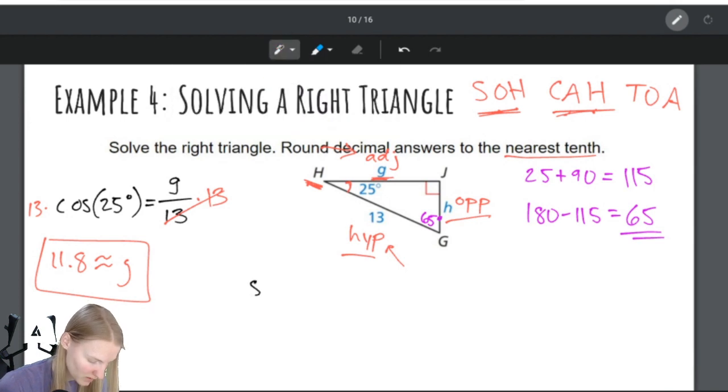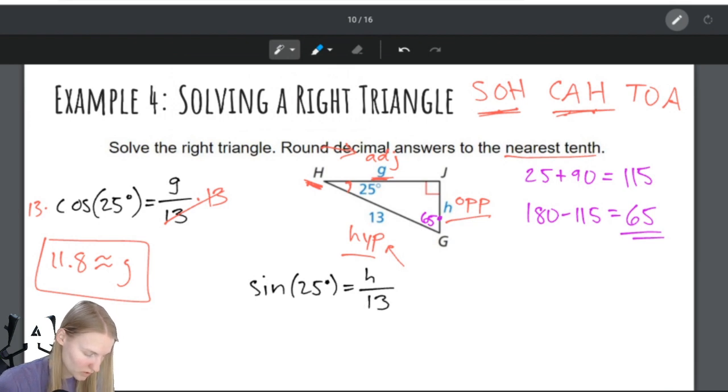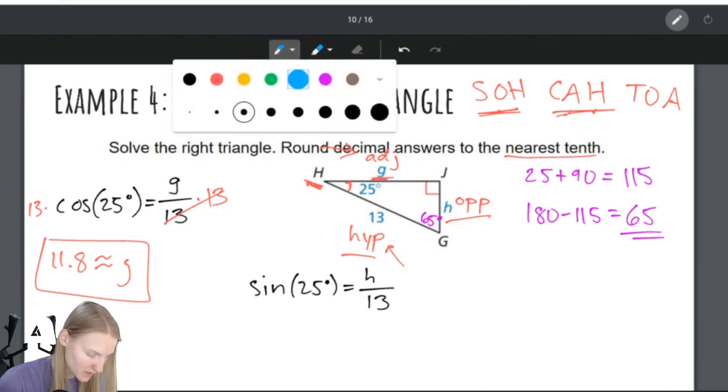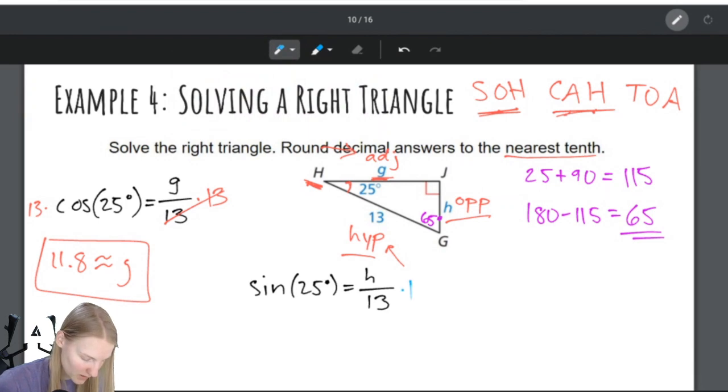So sine of 25 degrees is equal to opposite H over the hypotenuse, which is 13. And different color now. To get rid of the 13, I'm going to multiply by it on both sides.